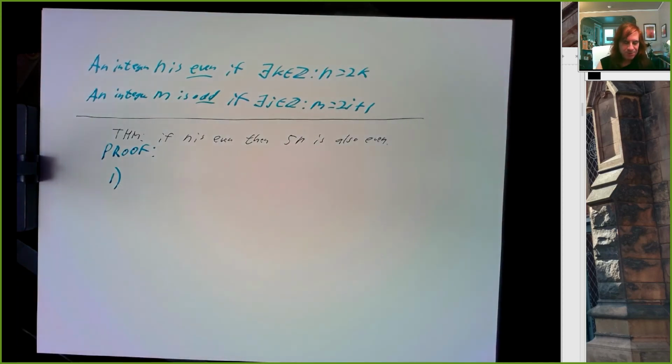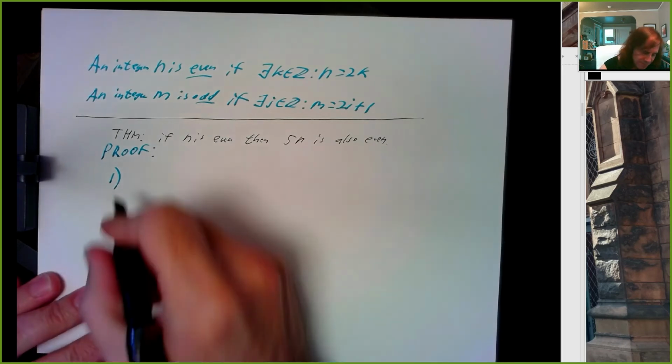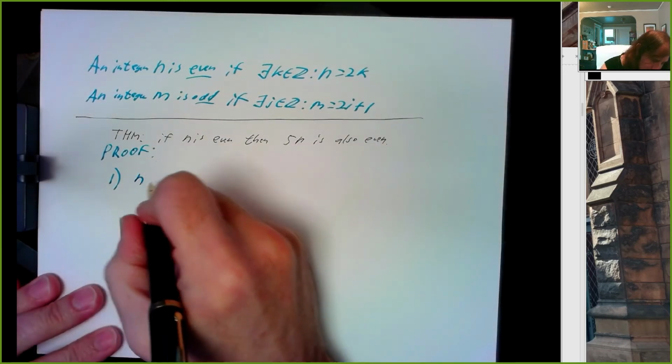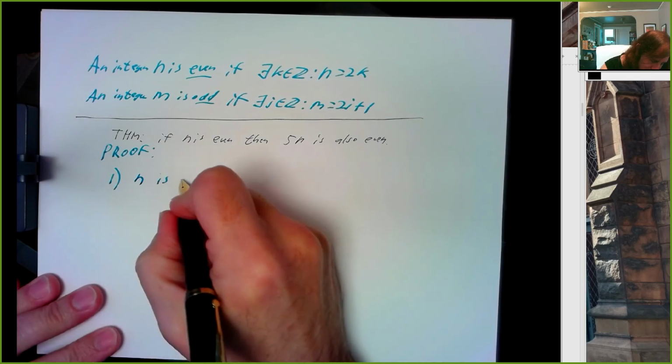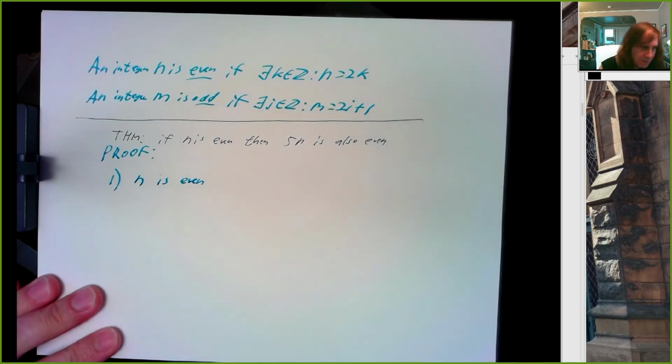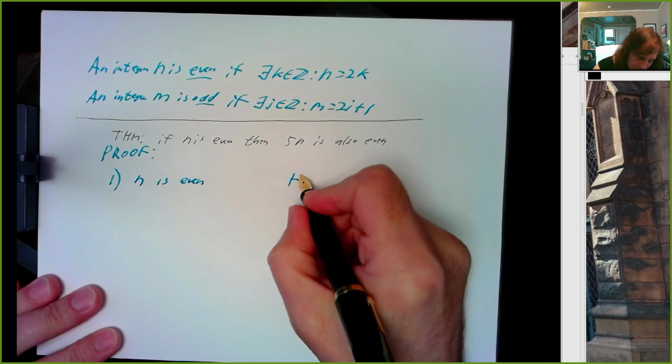We're trying to prove if P then Q. We can't really do anything unless we know something about the hypothesis P. So I'm going to start off with the first step of my proof being the one thing I know, which is the hypothesis. So my proposition 1, n is even. The reason for that, that's the hypothesis.